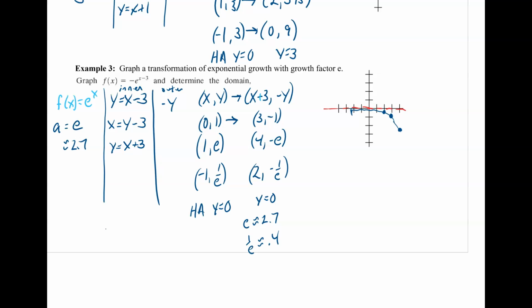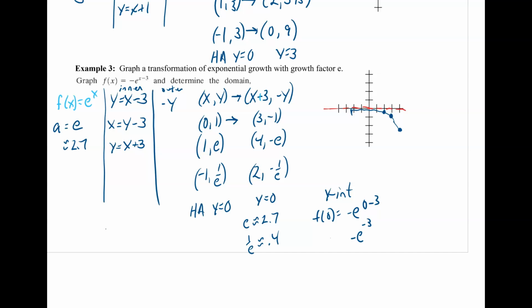We can figure out what the y-intercept is without too much trouble, because for the y-intercept, we can just plug in 0 for x. So we'd have f of 0 equals negative e to the 0 minus 3, or in other words, negative e to the negative 3. And we can just plug into our calculator.